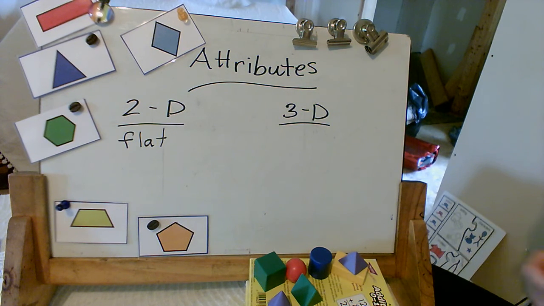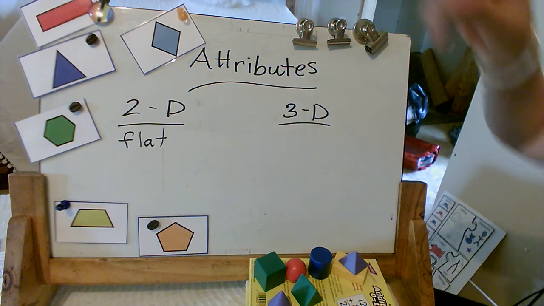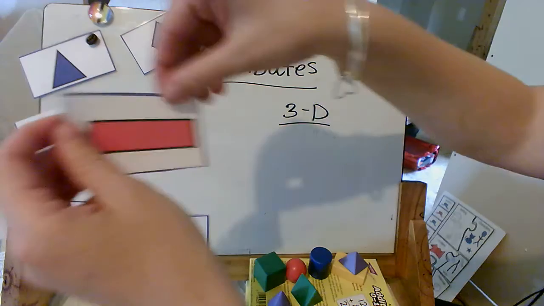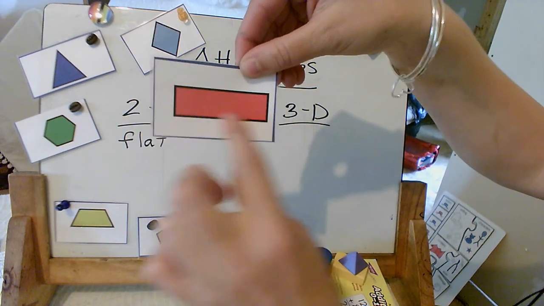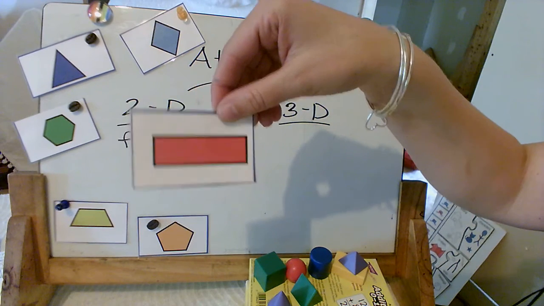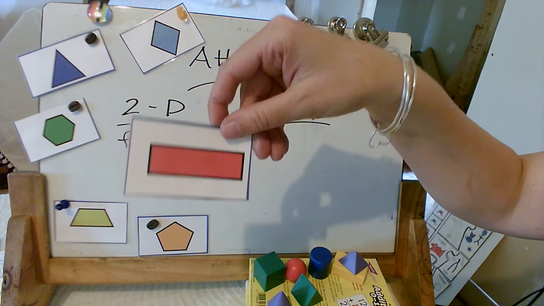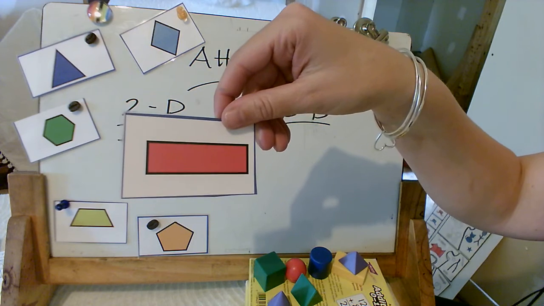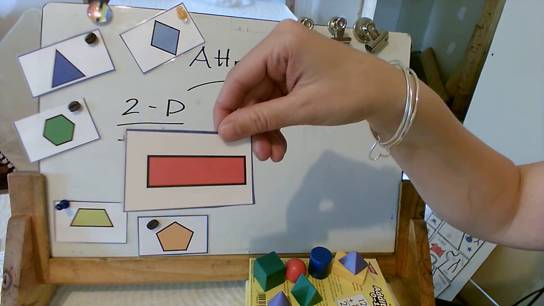Now, most of these 2-dimensional shapes are made up of what do we call this part of the shape? Sides. And based on the number of sides, we can identify what kind of shape it is and the name of the shape.